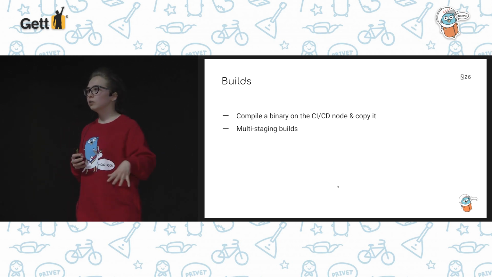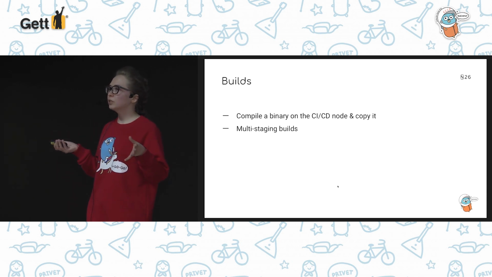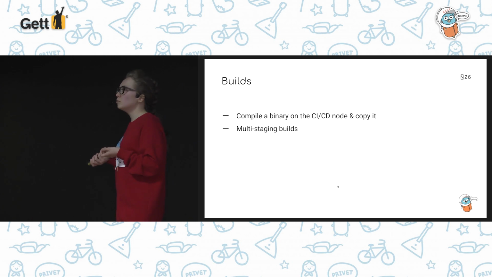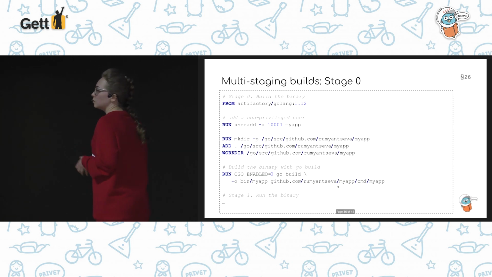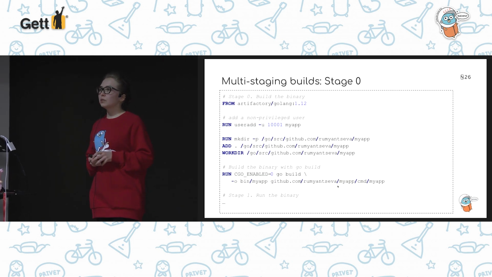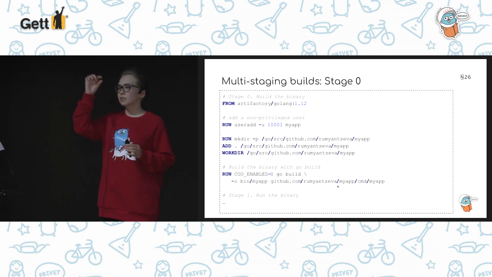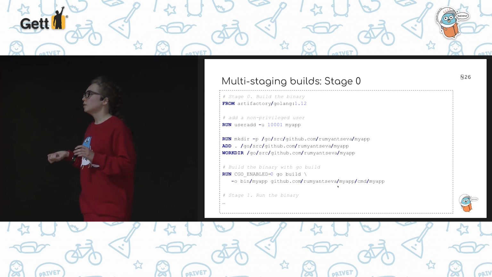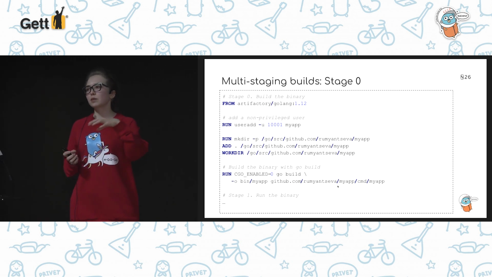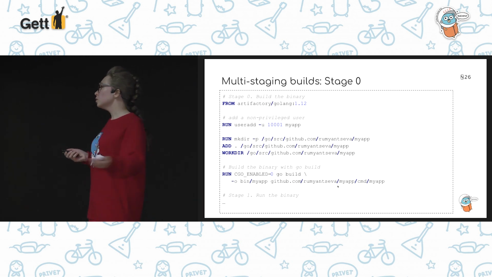In the first case, we will have to use the whole toolchain, including the Go compiler, to run all the binaries. In the second case, we don't need it, because our file will have a lot of FROM structures. And this zero stage will be prepared for the binary. We just compile the code we need.